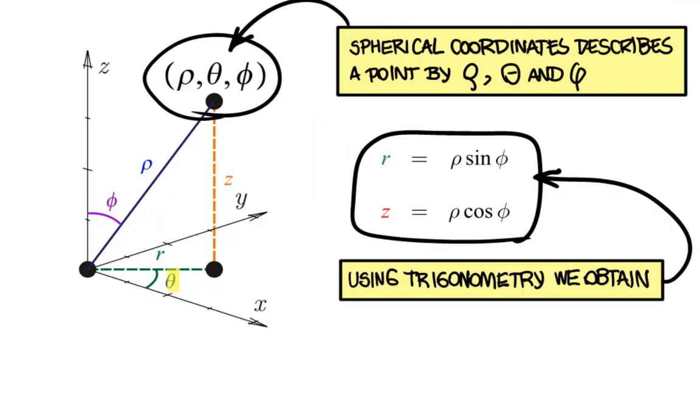In spherical coordinates, we are going to describe a point by rho, theta, and phi, more or less the same way that we did with polar and cylindrical coordinates. Now, by trigonometry, we know that r is going to be equal to rho sine of phi, and the other side of this right triangle is going to be given by rho cosine of phi. Notice that in this triangle, this is also the angle phi.